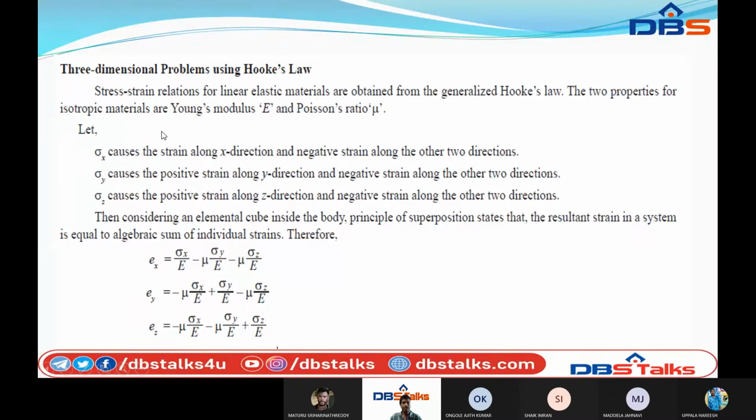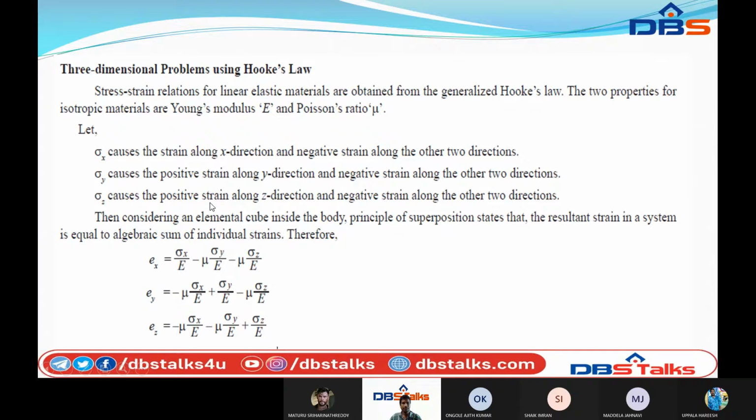In that, the stress strain relations for linear elastic materials. We already know that Hooke's law states that stress is directly proportional to strain, that is, sigma is directly proportional to E. In that, I am taking three proportionalities, that is Ex, Ey, Ez, which are the sum of individual strains.